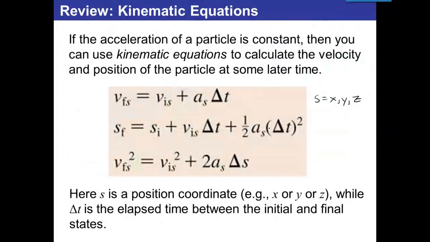Here we go. If I take a look here, I want to know x sub f. To get x sub f, I need the initial position, initial velocity, the time, and acceleration. Here's the thing though, we don't know the time of fall.